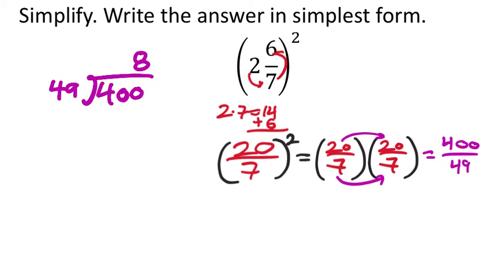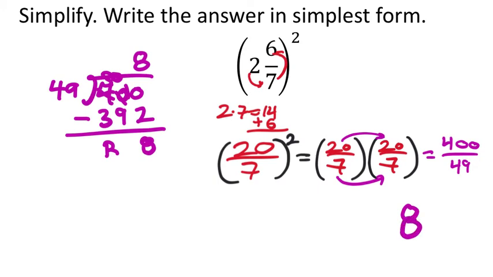And so let's see, what would that be? 392. That's good. So when I subtract, 10 minus 2 is 8. That's my remainder. But I'd have to borrow from the 40 to make that 39. So that zeroes out. So that's a remainder of 8. So 400/49 is the same as 8 and a remainder of 8, 8/49.